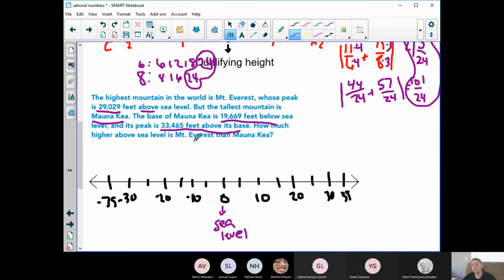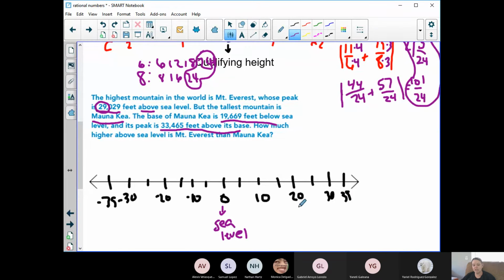All right, this is going to be a two-step problem. So the first thing I want to plot is where the Mount Everest peak is above sea level. I went ahead and labeled the number line, and instead of doing 29,000, I just did it from this number here.